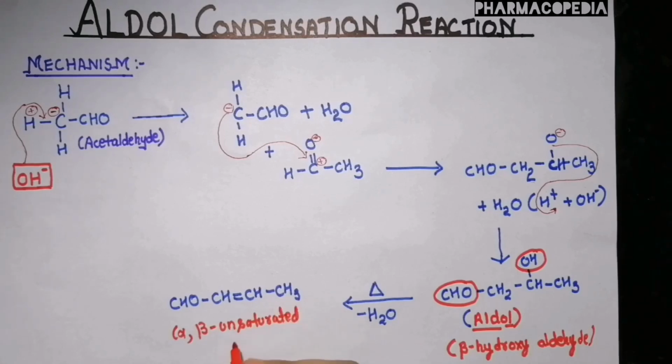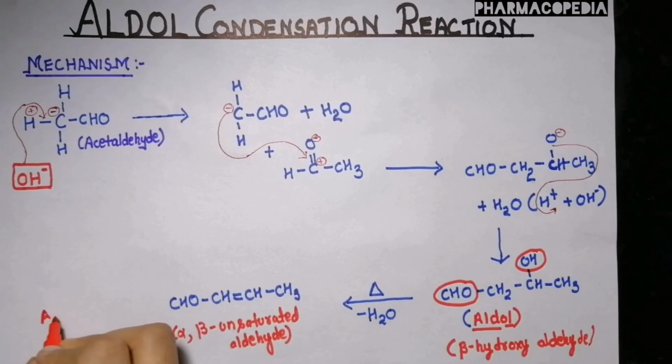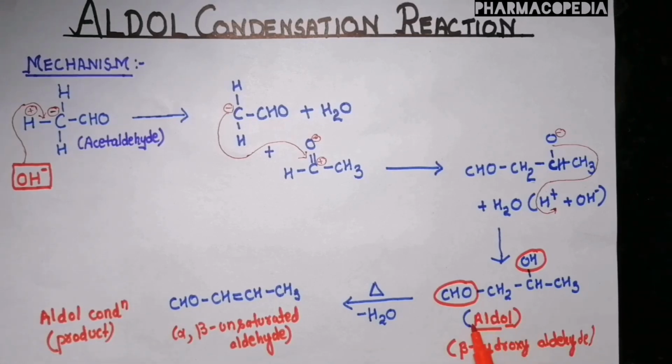This product is also known as the aldol condensation product. Why is it known as the aldol condensation product? Because it is formed by the condensation of aldol in the presence of heat, and this water is released from the alpha and the beta carbon.